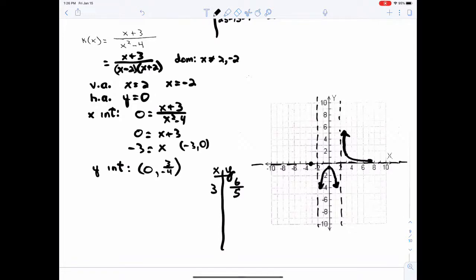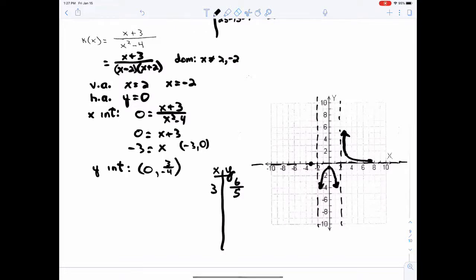Now, here's the problem with the left, this point right here. I'm going to draw some stuff, but don't you draw it, okay? I don't know if the graph is going to be coming like this and then go through it and go down, or is the graph going to be coming like this and go through it and go up?